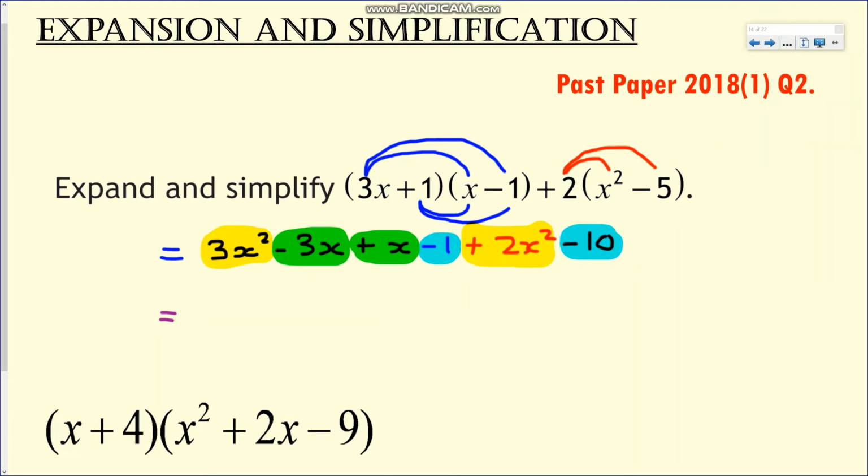So to finish this expression off, 3x squareds plus on 2x squareds, that gives me 5x squareds. Minus 3x's plus on an x. Okay, if you're at minus 3 and you add one thing, then you're going to be at minus 2.